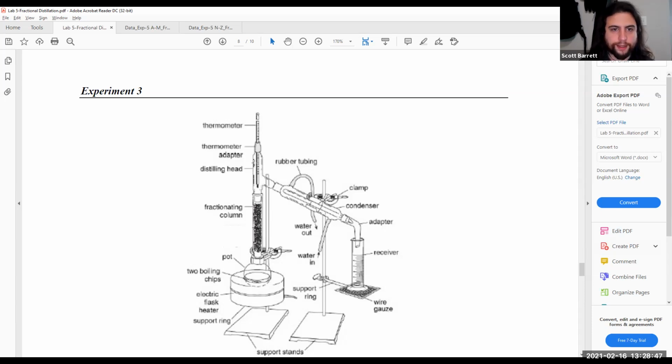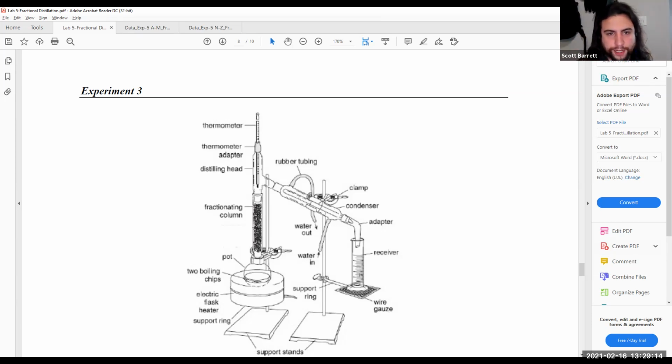And so as the more volatile substance comes up here in the vapor phase, it will end up distilling off. And this is the part right here where I was talking about it goes up and then distills off, because you will have a separate reflux condenser where the water goes in, comes up, and then the water comes out. And the water comes in right here in the bottom, so that the cool water comes up and takes the heat effectively out of the system.